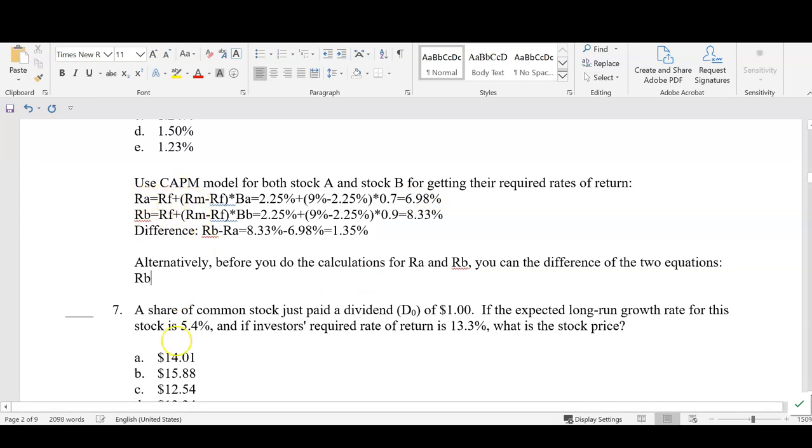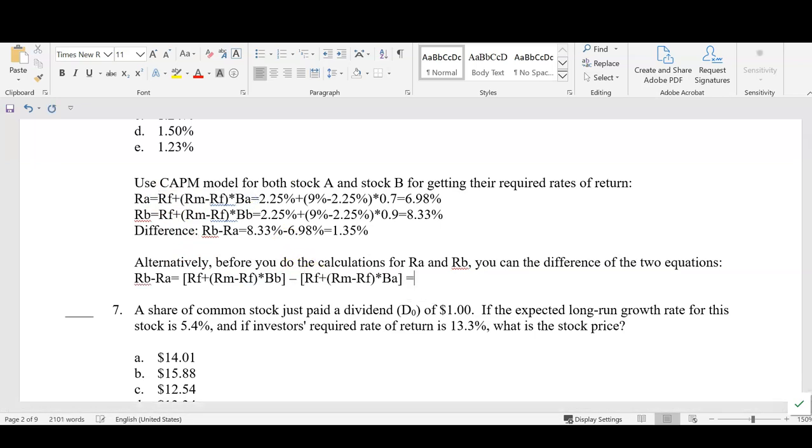RB minus RA. You can see it equals this whole thing. I'm going to copy and paste it. Let me use RB here. I'm going to put another bracket on this formula, minus the first formula here.